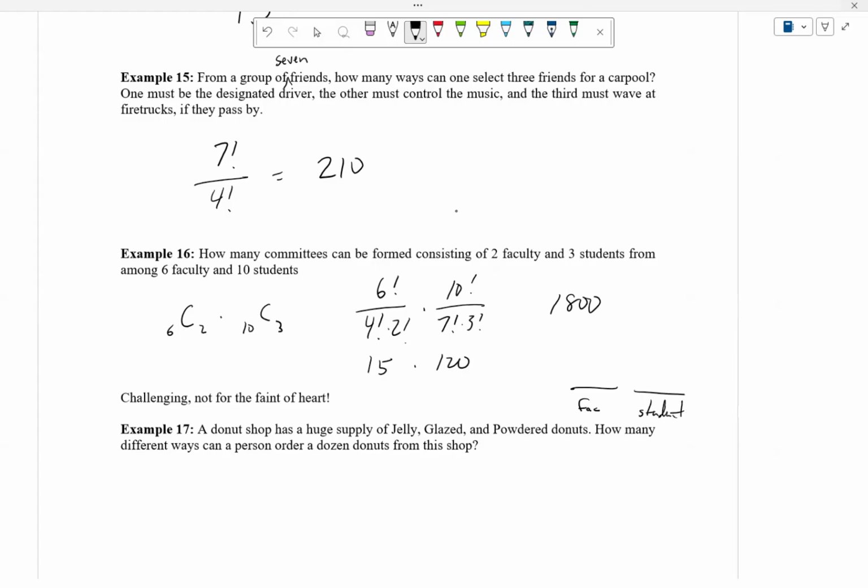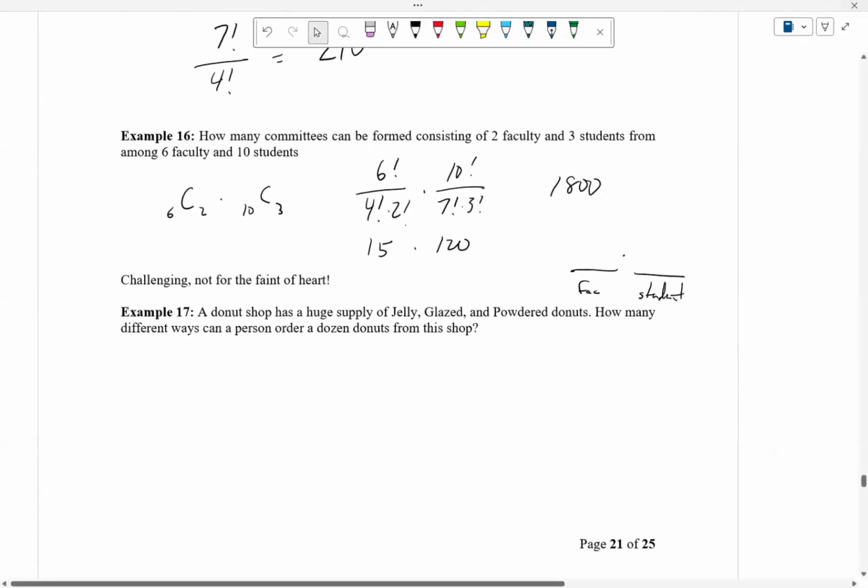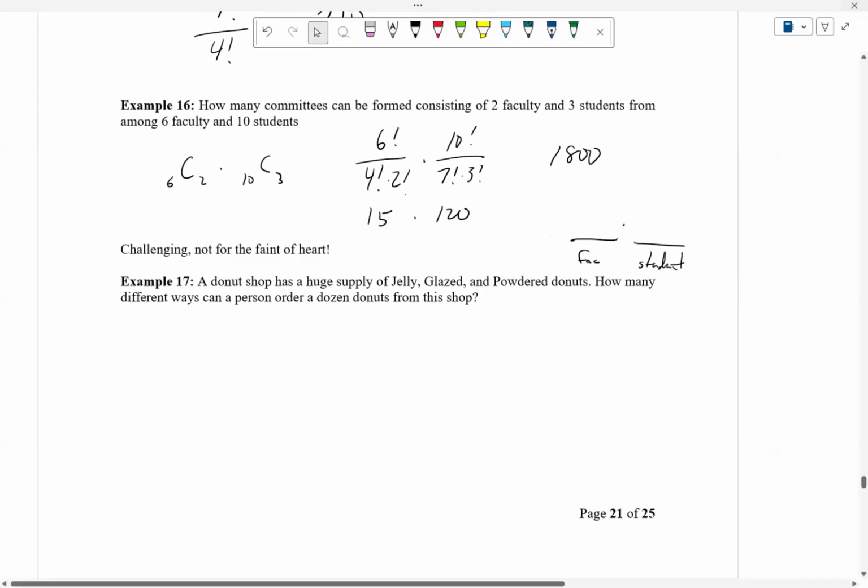So how many different ways to keep back with the numbers? That's one of the numbers. So it comes down to the number of possibilities. Faculty. Example 17, you're not going to do in class today, maybe tomorrow.